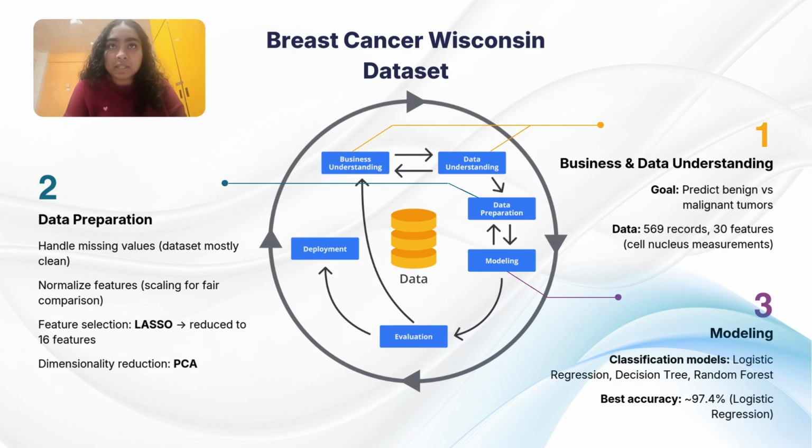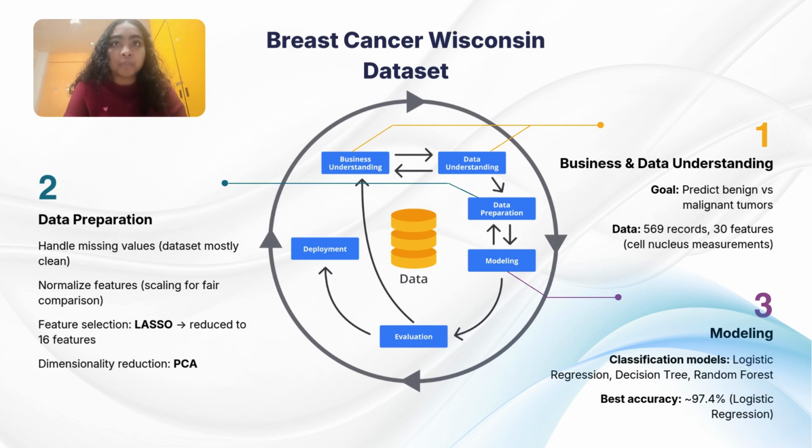For the breast cancer dataset, our objective was to classify tumors as benign or malignant. The dataset contains 569 samples and 30 features describing characteristics of cell nuclei such as texture and smoothness. To prepare the data, we checked for missing values, normalized the features to a common scale, and applied lasso feature selection, which allowed us to reduce the number of features from 30 to 16.